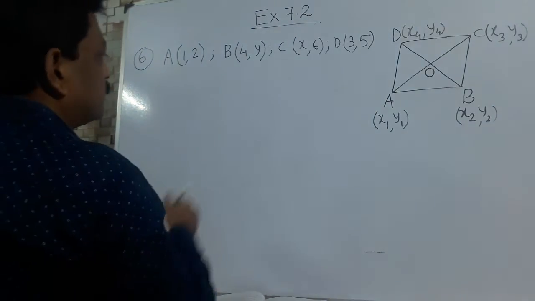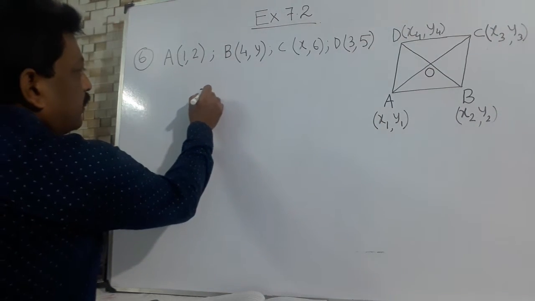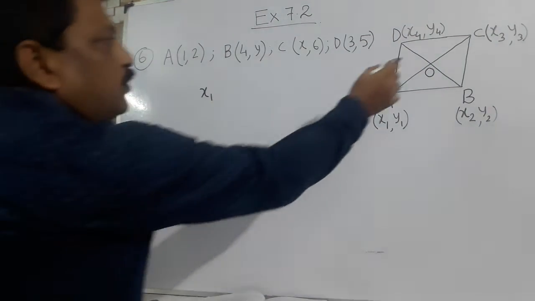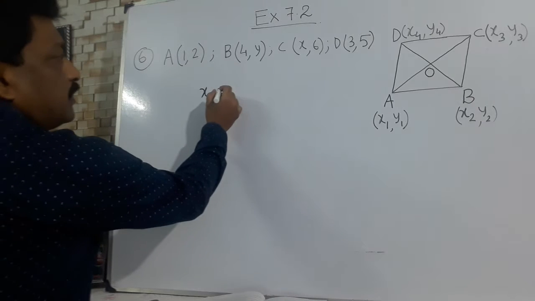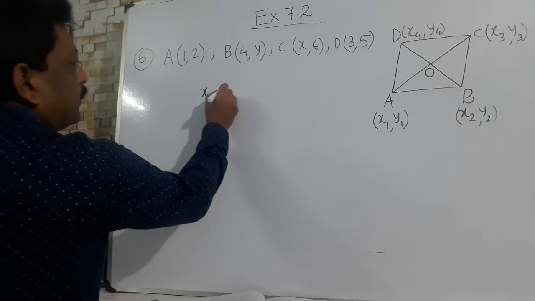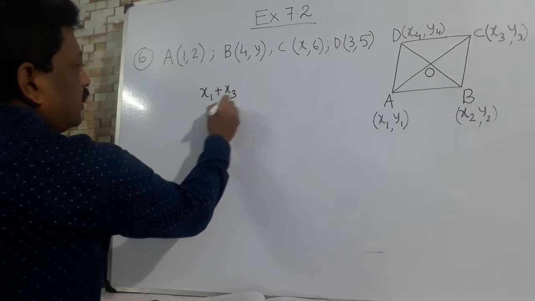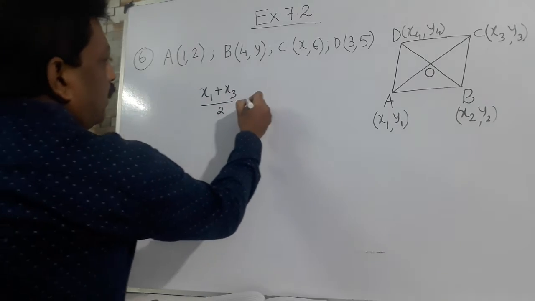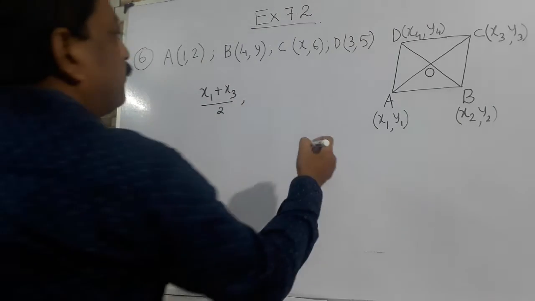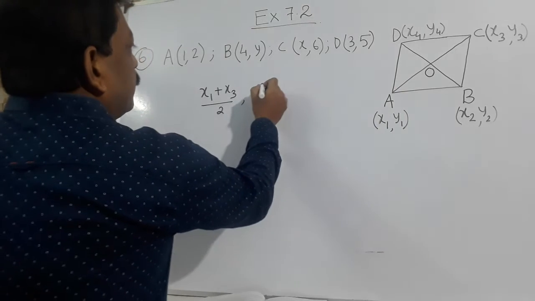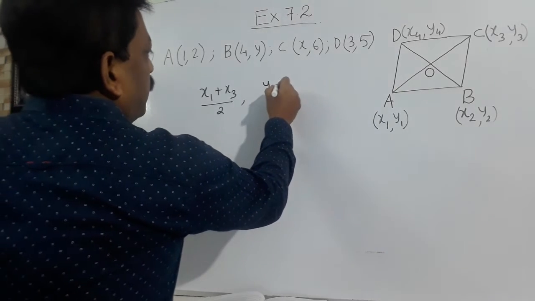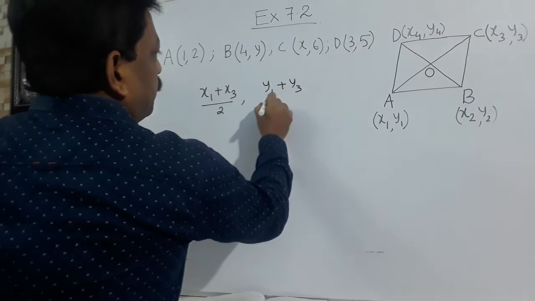So according to the question, we can write, if I take O as the midpoint of AC, then the coordinate of O will be (x1 plus x3) upon 2, and the y coordinate will be (y1 plus y3) by 2.